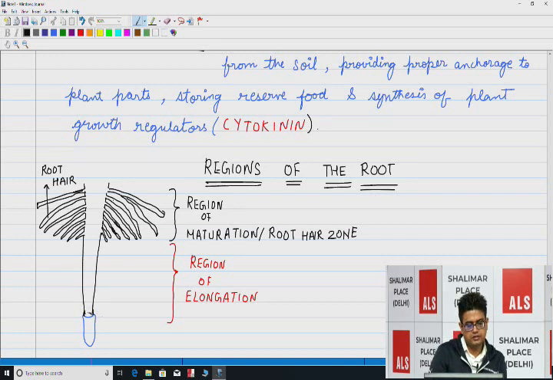Oh, wait a second. This is actually the root cap. I'll have to edit it again. Like this. And on top of it, you can draw it like a shaded area. This is better. There is no confusion now.